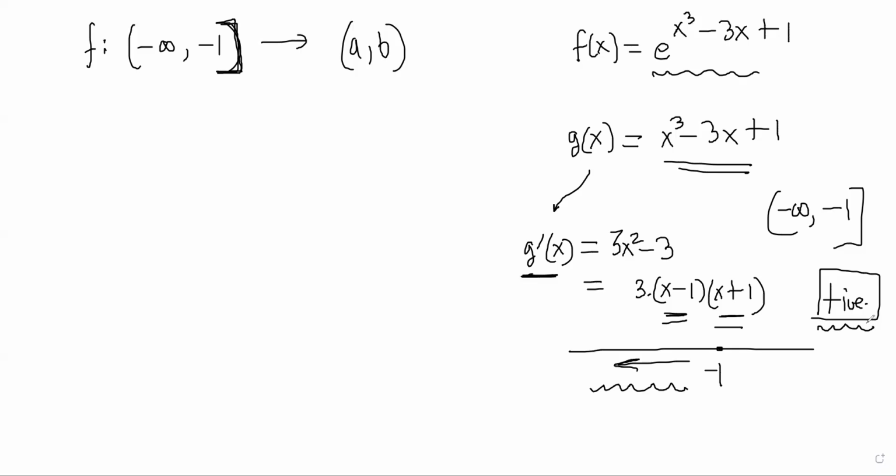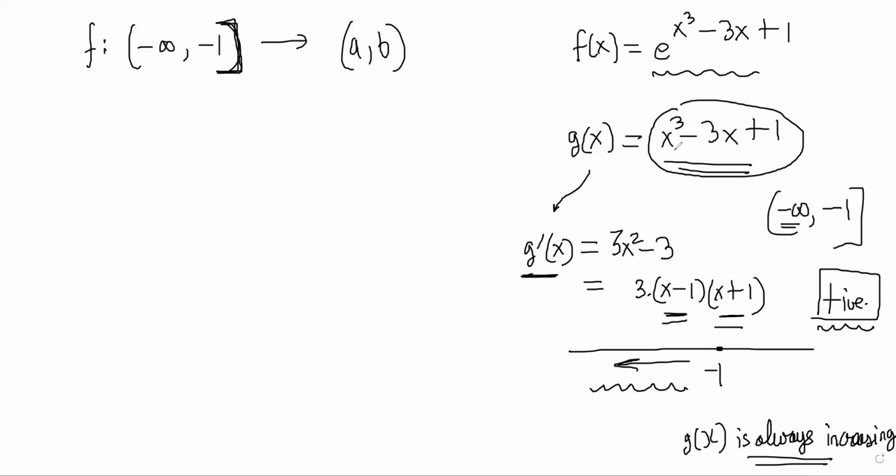So if it is an overall positive derivative without ever becoming negative, then that means g of x is always increasing, right? Because the slope of the function is always positive. So now what we have to think of is what is the lowest possible value.